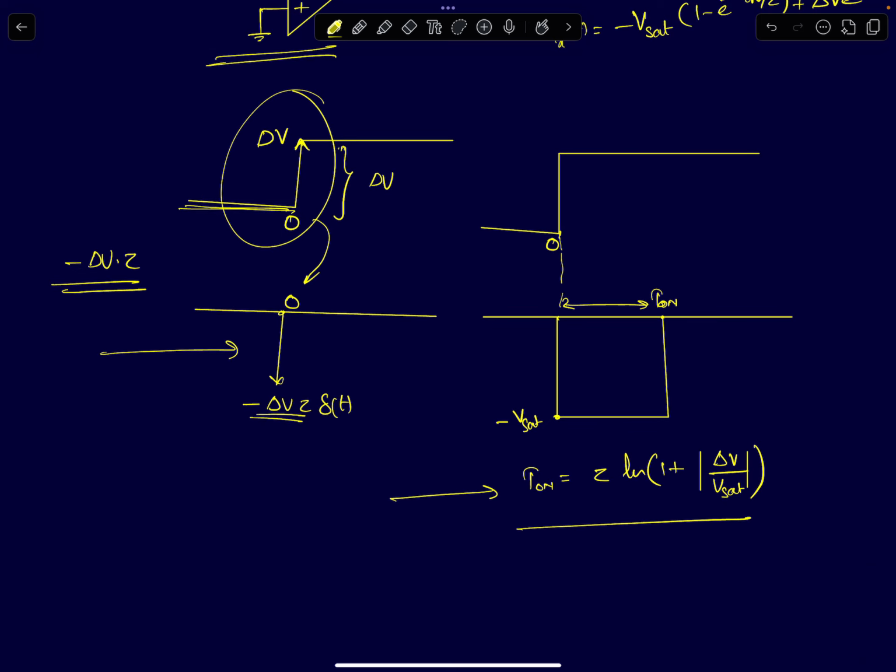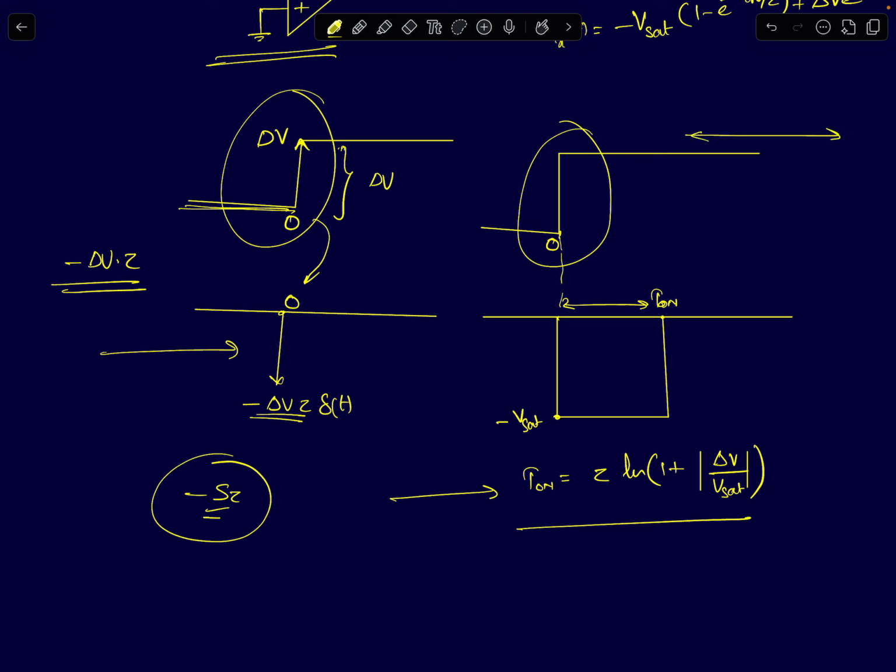So an inverting differentiator with a transfer function of minus s tau will respond only when there is a sudden change in the input. In the steady state, there is no change in the input, so the output goes to 0. Instead of producing an impulse, we ended up getting a pulse, and this is because your output is saturated to a fixed value of minus Vsat.